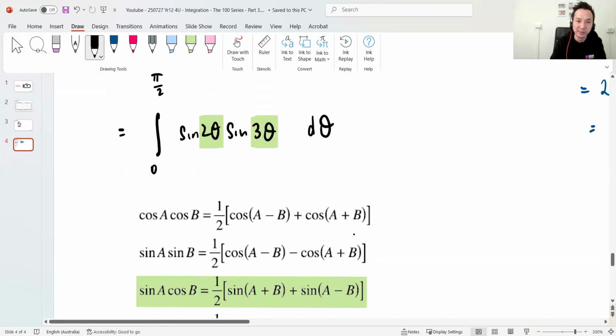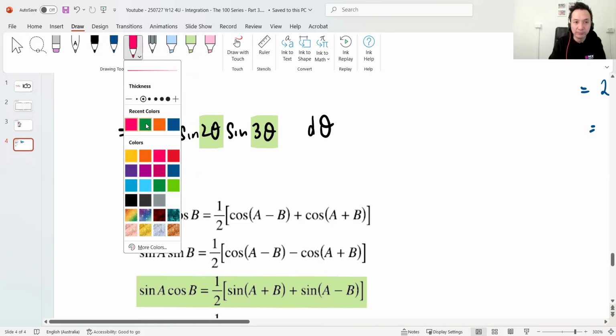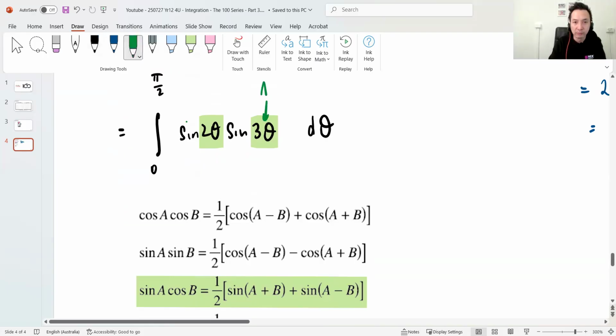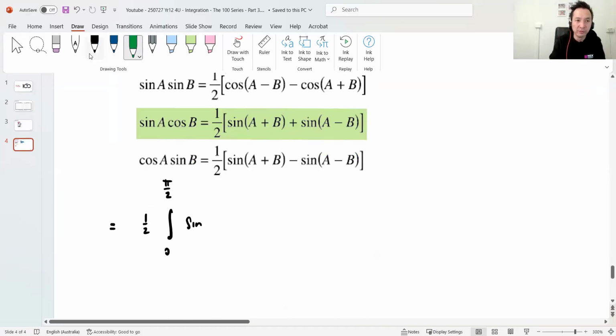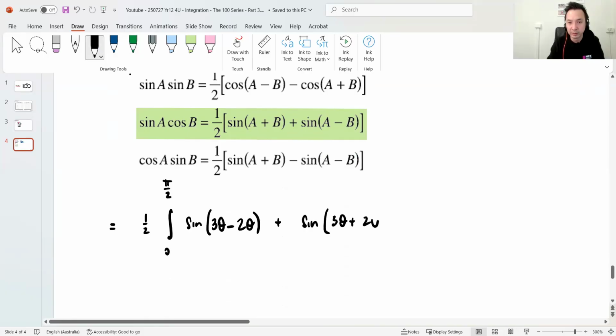Always, I say it to myself, because it's multiplicative, you can choose whichever one you want to be a and b. Always choose the bigger one to be a and the smaller one to be b, because you're going to be minusing it, you don't want negatives. So the formula says sine a minus b plus sine a plus b.